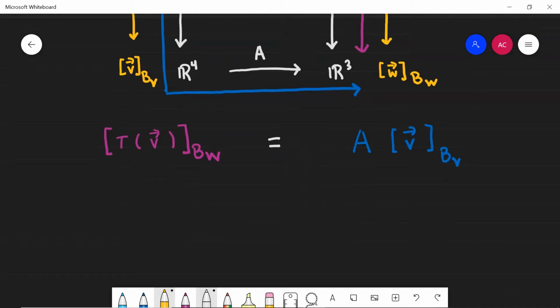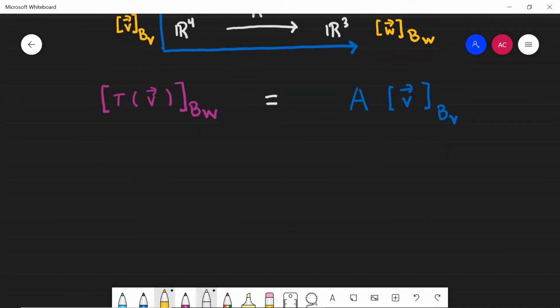All right. Now, notationally, this matrix representation is denoted as follows. Let me write down here in white. So the notation for A is the following.